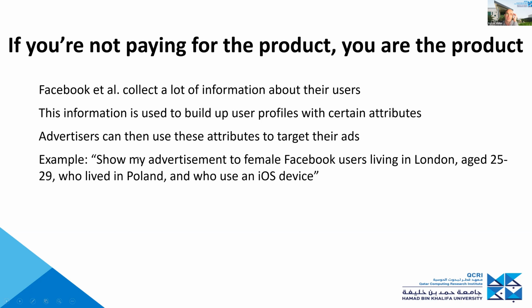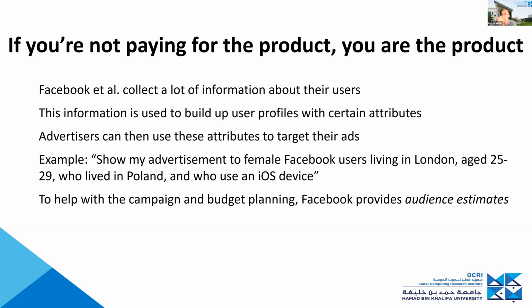And just to give you a real example, on Facebook, I can launch an ad that's only shown to female Facebook users living in London, aged 25 to 29, who lived in Poland, and who use an iOS device. Okay, and that could be even more specific, but let's stop there.